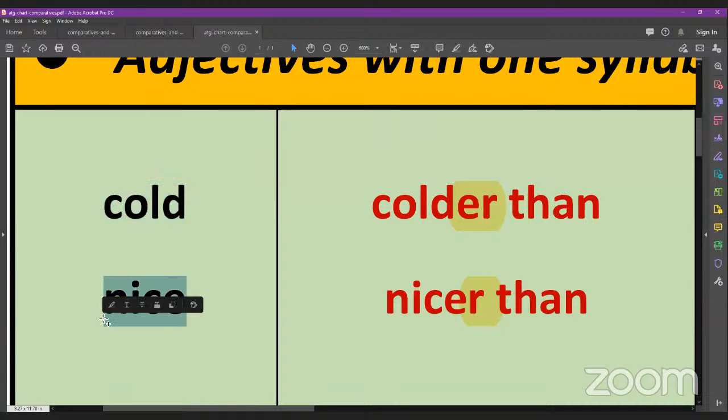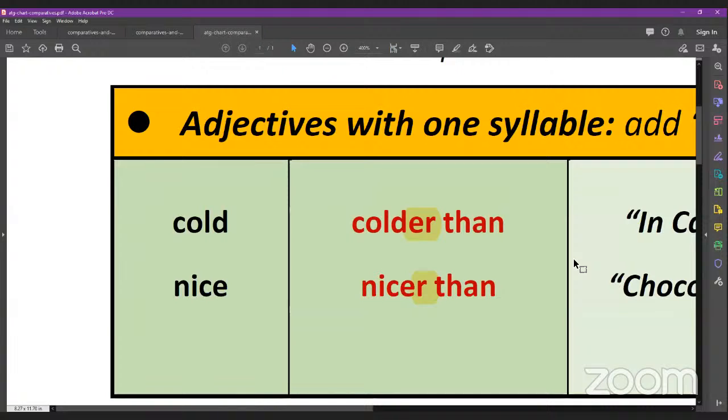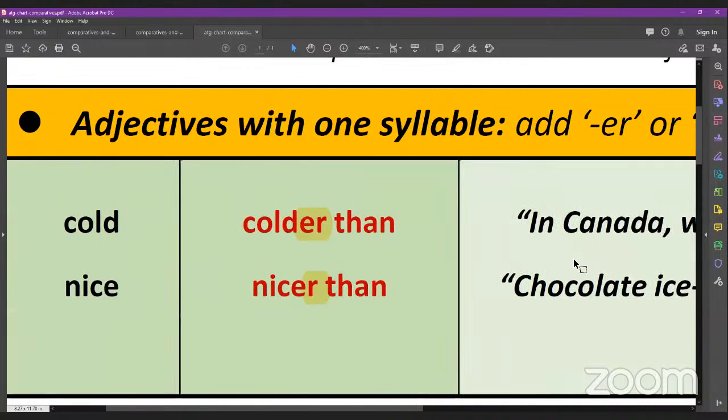Nice, simpático o simpática, más simpática que. As you can see, this is for the comparative. Cold, colder than. Nice, nicer than. These words are adjectives with one single syllable. Una sola sílaba.